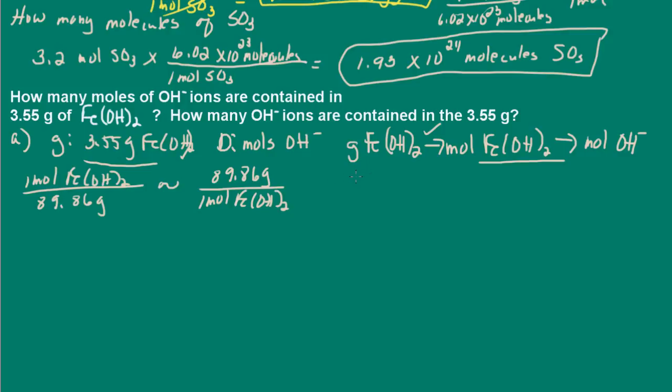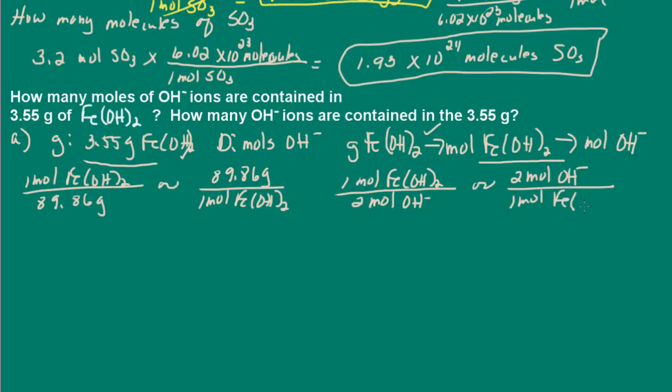So now I can write conversion factors. 1 mole of iron 2 hydroxide contains 2 moles of hydroxide ions, and I can also write it like this: 2 moles of hydroxide ions in 1 mole of iron 2 hydroxide. So I have the conversion factor for my second arrow.